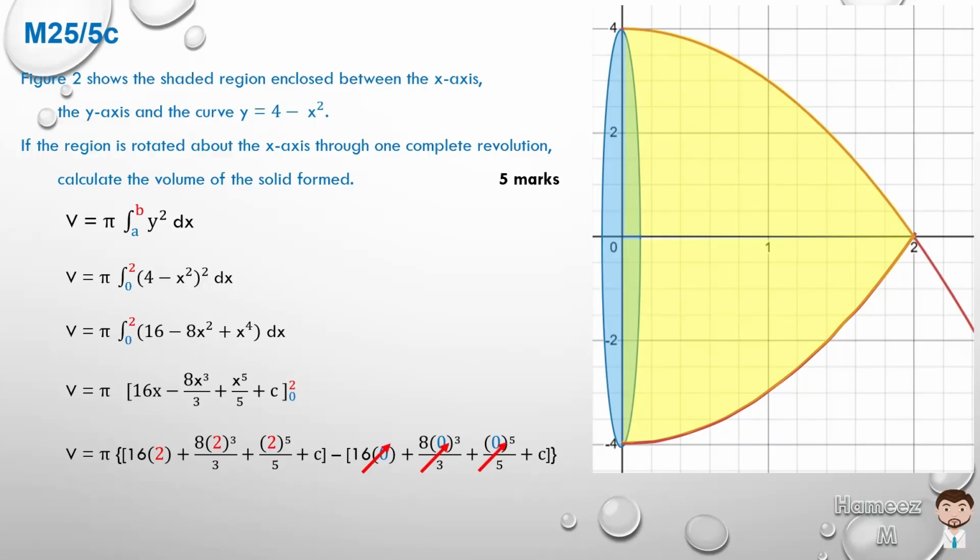And we have plus c in the first brackets, minus c in the second brackets. That will also go. So we're left with 16 by 2 is 32, minus 8 times 8 is 64 on 3, plus 32 on 5, which works out to be 896 pi on 15 cubic units. And that will be the volume of the solid formed with this rotation.